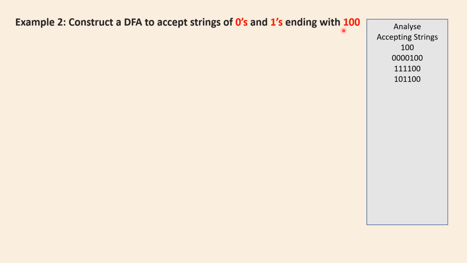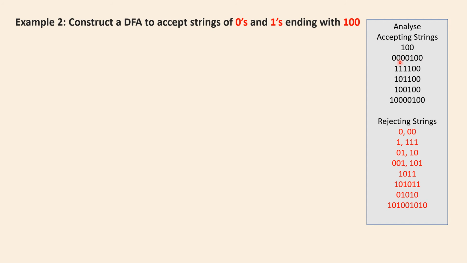So the accepting strings are any string that is ending with 1, 0, 0. If I have n number of zeros ending with 100, it has to be accepted. If I have n number of ones ending with 100, it has to be accepted. Or combinations of ones and zeros that end with 100 have to be accepted. So what are the rejecting strings?